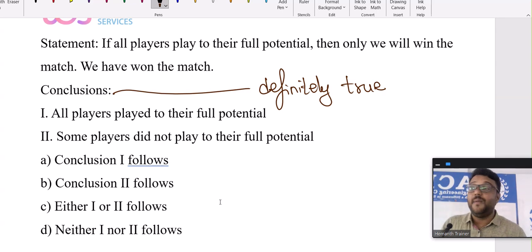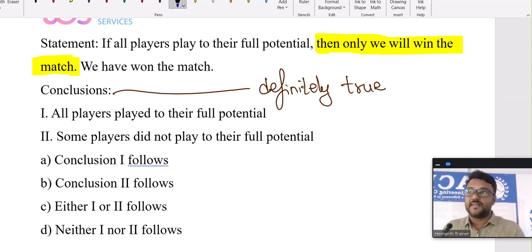What they have given: if all players play to their full potential, then only we will win the match. You understand in the question, I am not saying this is generic. For this question only, please consider it. If all players play to their full potential, then only we will win the match.